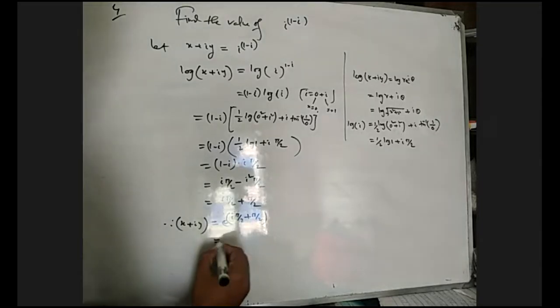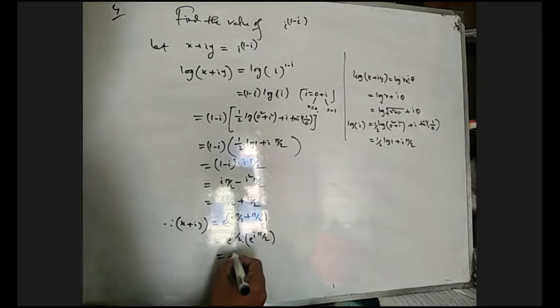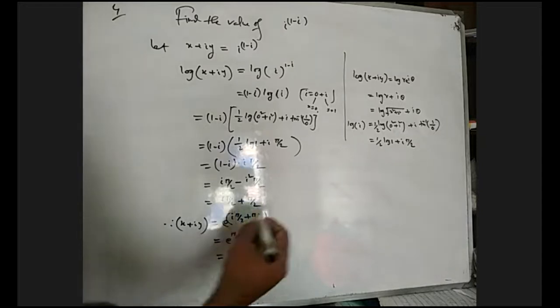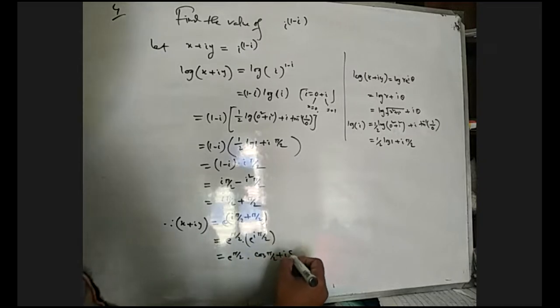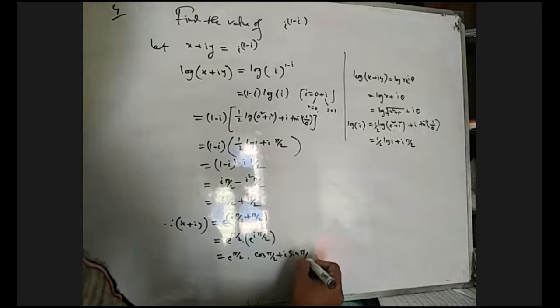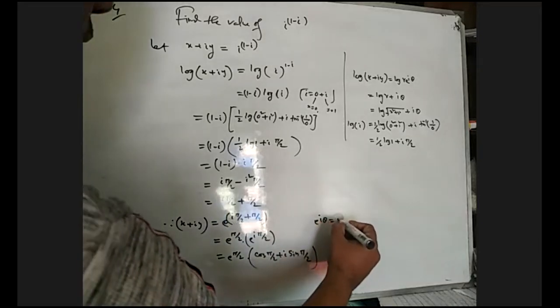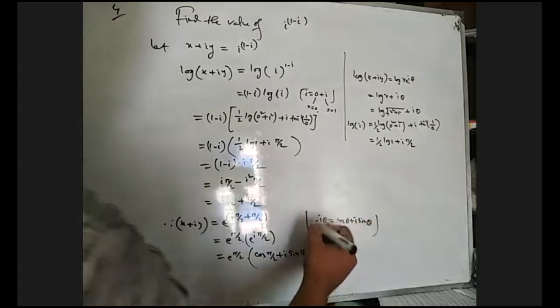This can be written as e to the power pi by 2 into e to the power I pi by 2. Okay, so e to the power I pi by 2 is the constant. Now this is the e to the power I theta formula. What is the e to the power I theta formula? Cos theta plus I sin theta. Just using this one.